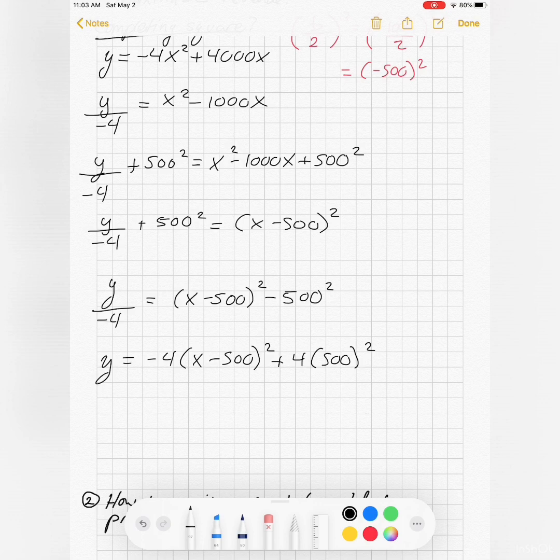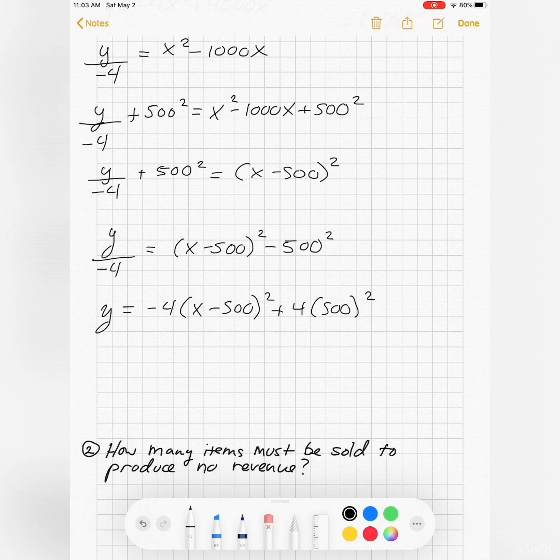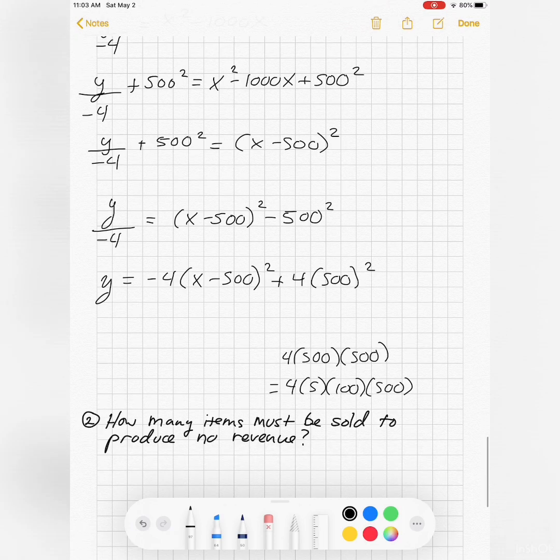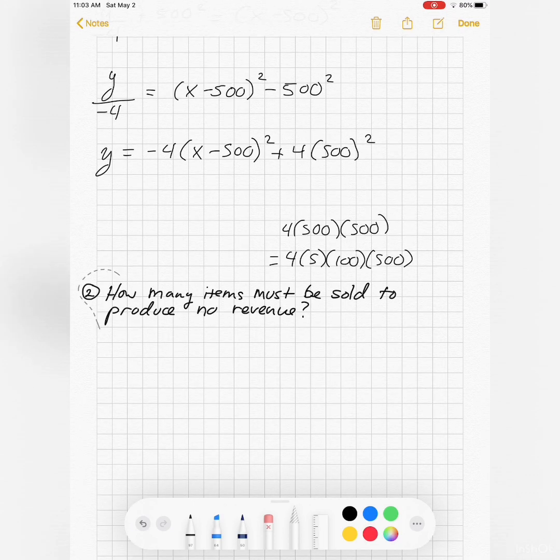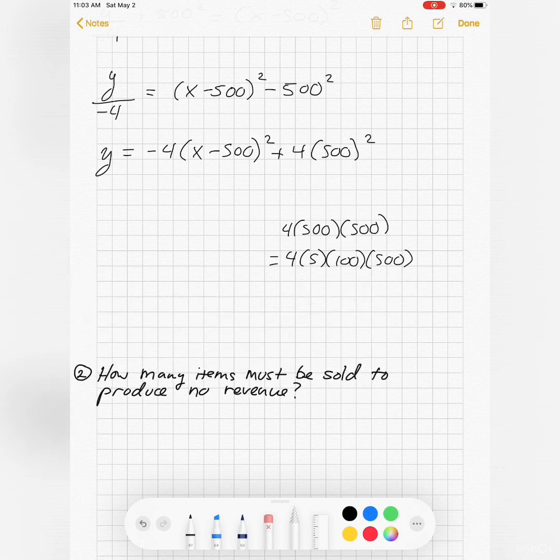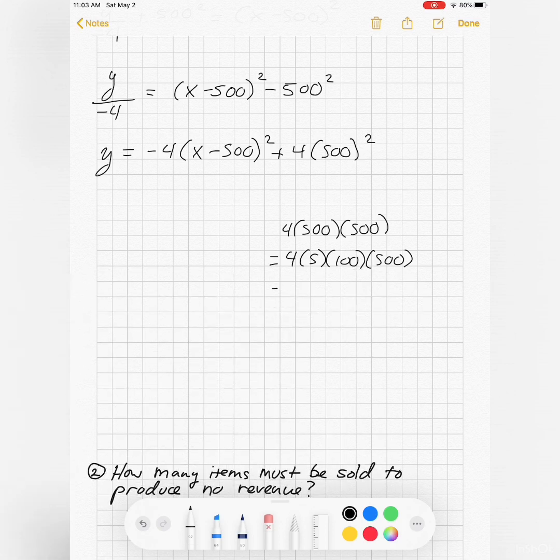Okay, so I have it. At this step, maybe I want to go ahead and figure out what this quantity is. If I'm not using a calculator, I like to be kind of clever in how I do these multiplications.